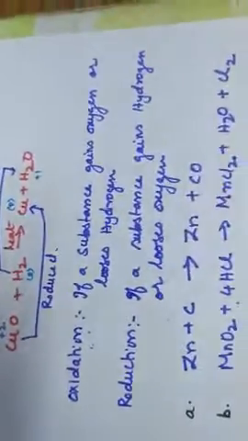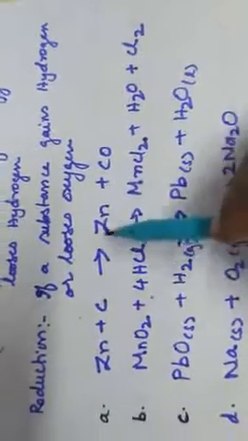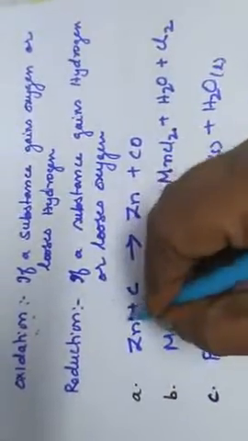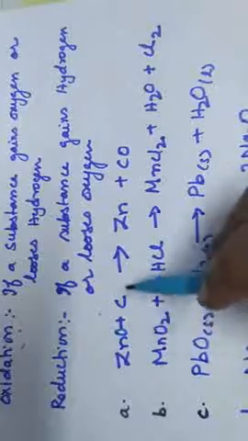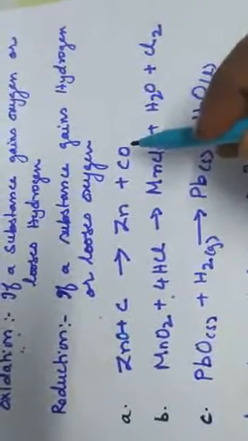We'll see some other example where we can understand that better. Zinc oxide plus carbon gives you zinc plus carbon monoxide.